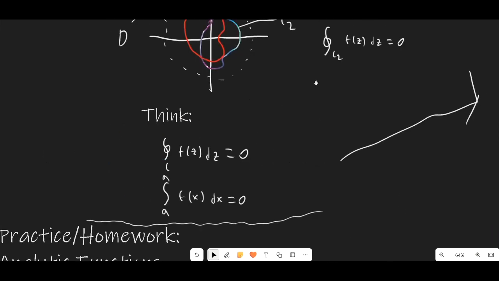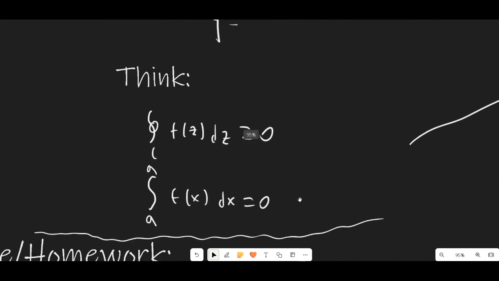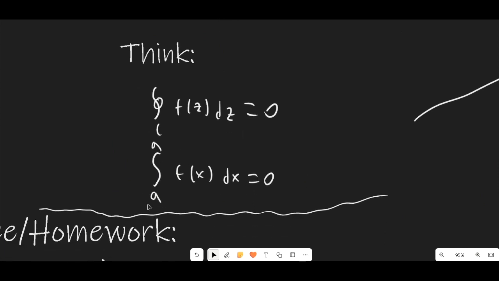So it's almost like when we integrate over the real line, if we were to integrate from some point A to some other point A. And of course, that's going to be 0. So that's a sort of reasoning that you can put to explain why the integral over a closed curve C is going to be 0 for an analytic function. But that's not always going to be the case. This is just a good way to remember when a contour integral is going to be 0.